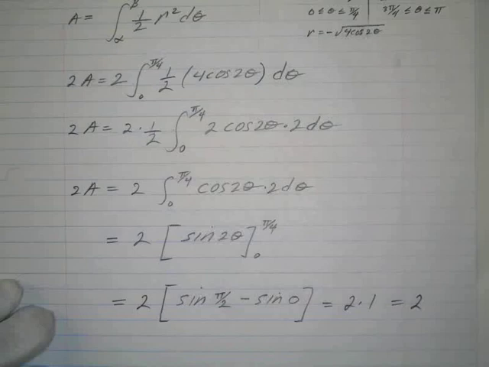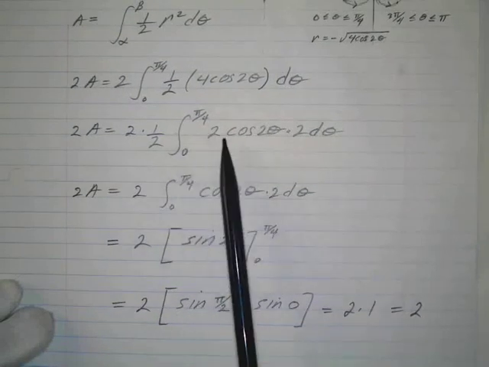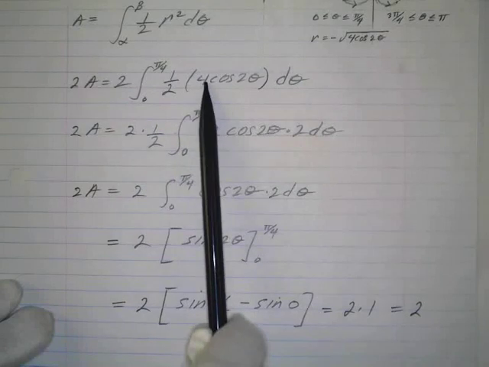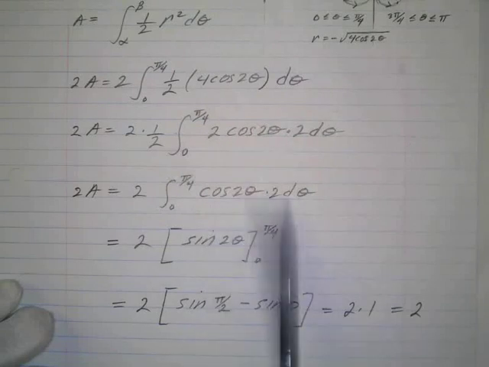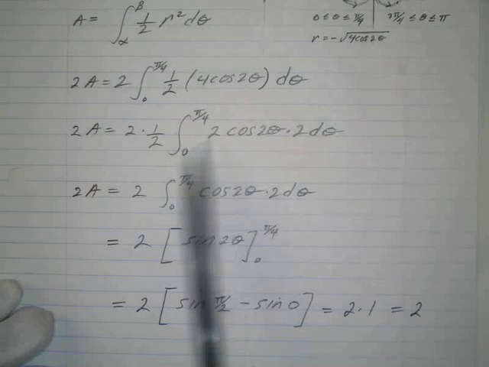I probably should have done another step. What we've got now is a 4, and what I did with this 4 is I made it 2 times 2. That's the same thing. So I could use this 2 for the cosine, for the u substitution.